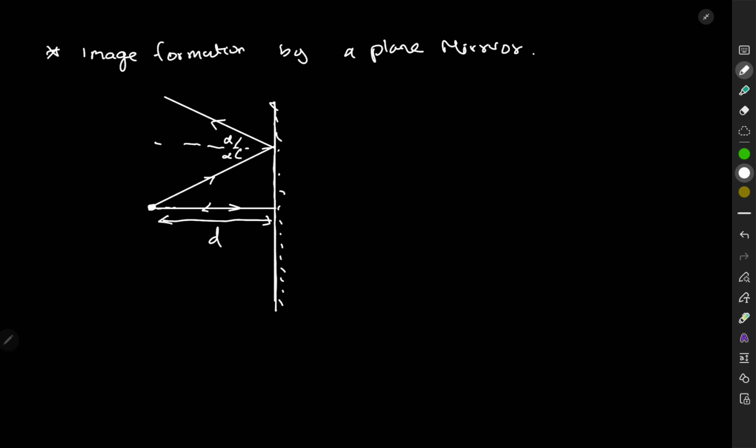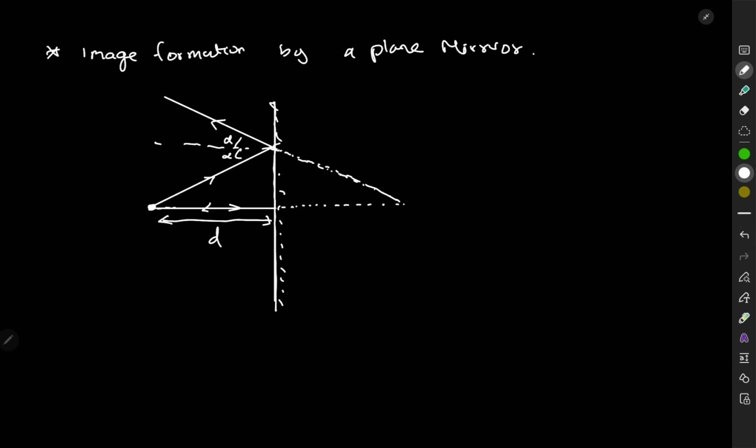In case of a plane mirror, only virtual images will be formed. So when we extend a ray, we should always extend the ray which is reflected. We shouldn't extend the incident ray, that is wrong.